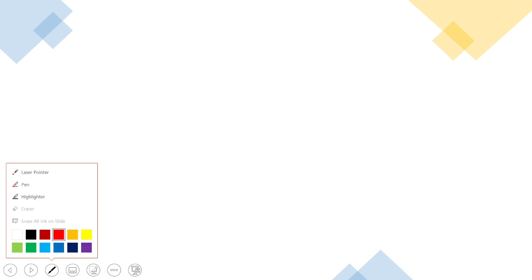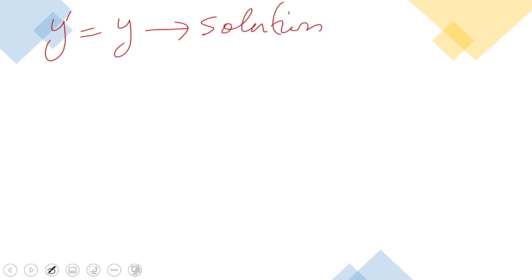Let we have a simple differential equation, y dash equal to y, and we know the solution of this ODE is y is equal to e to the power x with some constant, but leaving the constant for the time being. Now I am putting this differential equation in a partial differential equation.